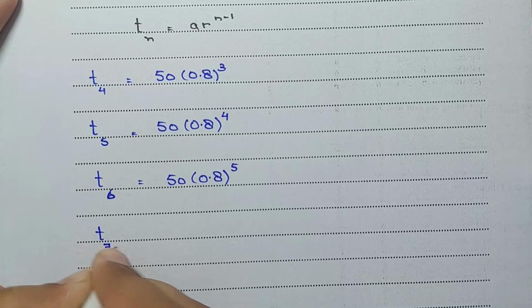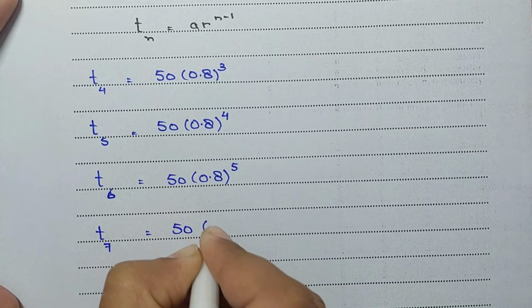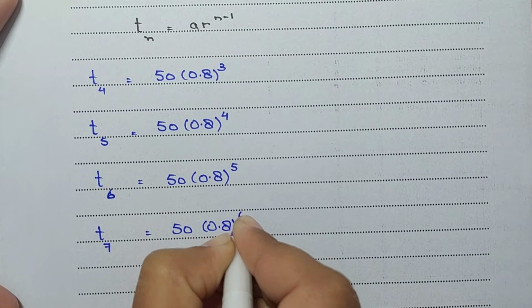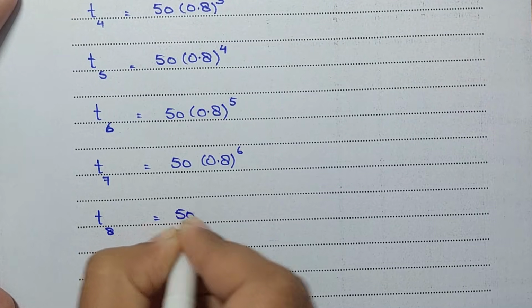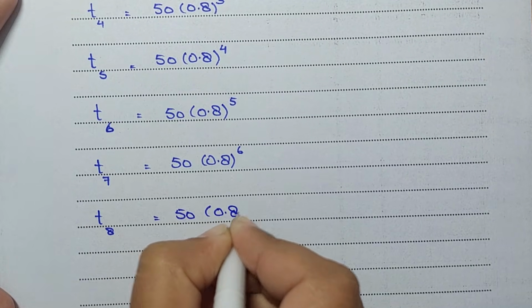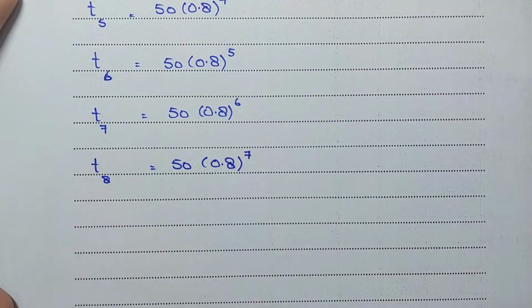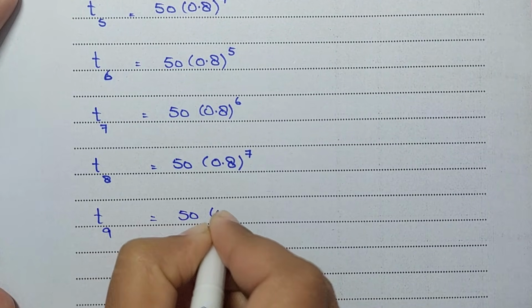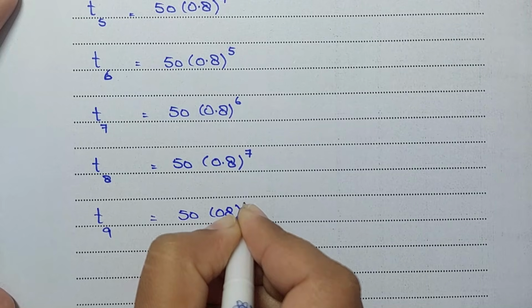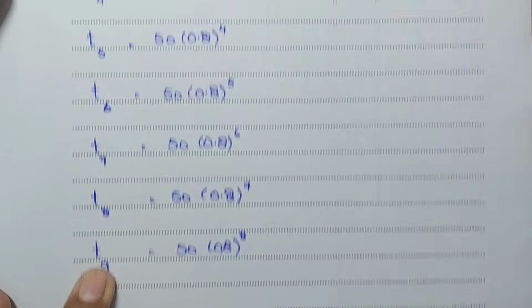For the seventh term, a and r to the power 7 minus 1. For the eighth term, a and r to the power 8 minus 1, which is 7. And the ninth term, 50 times 0.8 to the power 8. This is the ninth term, right?